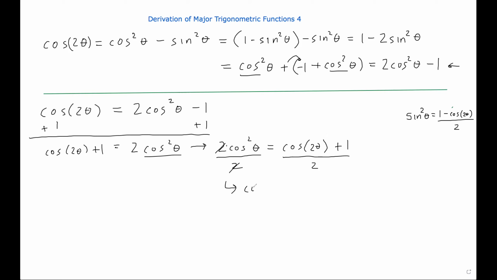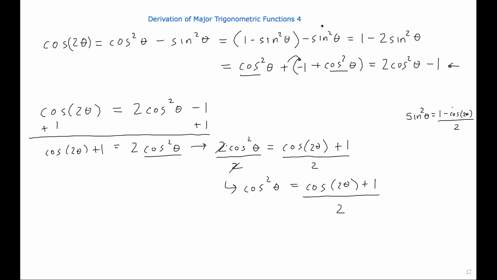And when all the dust settles, we have cosine squared theta equals cosine 2 theta, double angle, plus 1, all divided by 2. So you can see where the half angle formula comes from. It's almost in this form. So let's square up.